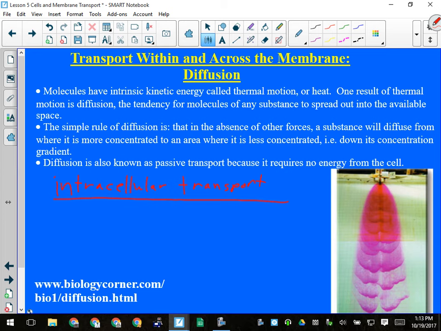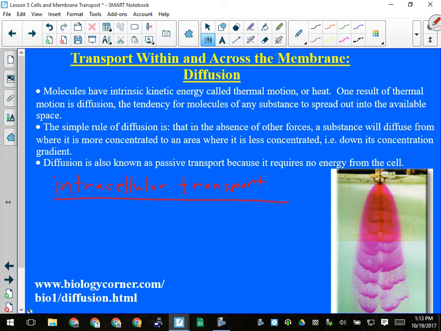Even if you're traveling slow, you can still get from one spot to another if they're only a few micrometers apart fairly quickly. But that contributes to the upper size that a cell can reach. It is diffusion that really determines the maximum size of a cell. If it gets too big, this is too slow and not specifically targeted enough to get materials where they need to go fast.